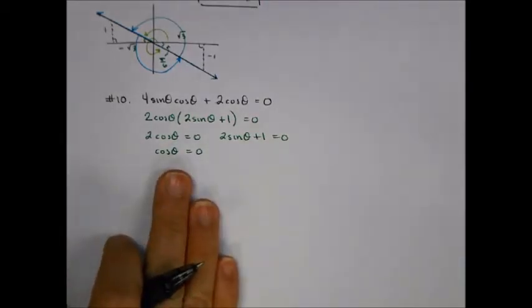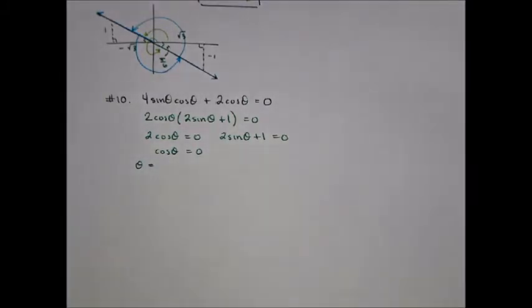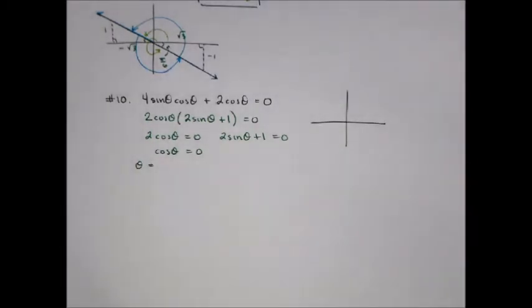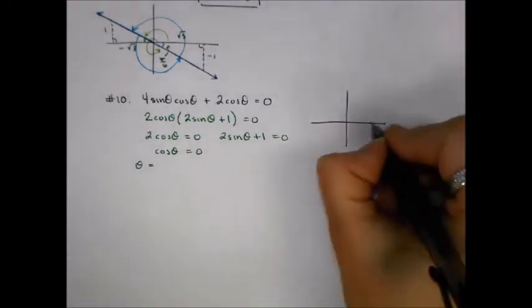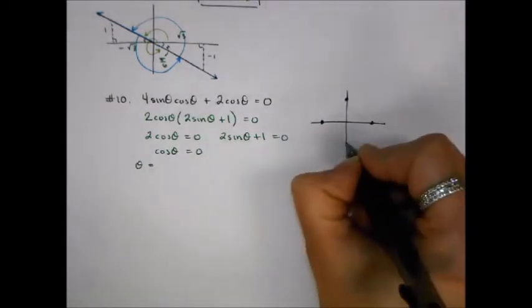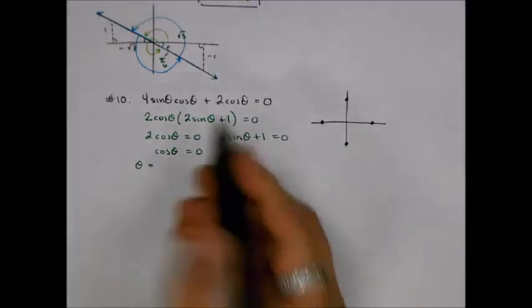Cosine is 0. So this isn't going to come from a triangle. It's actually going to come from one of your axes. So it's having to do with cosine being one of these coordinate pairs of the x value 0. So cosine is the x value on your unit circle.